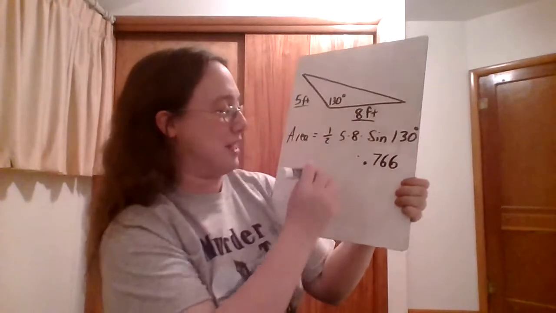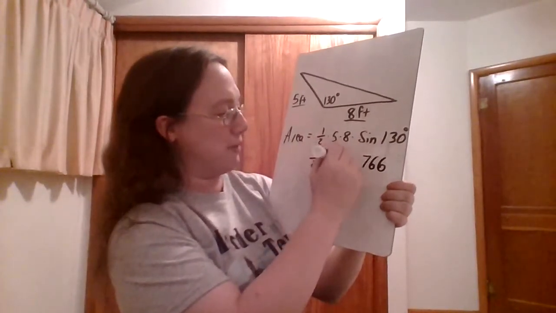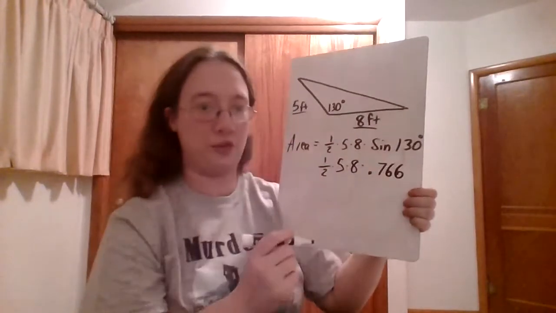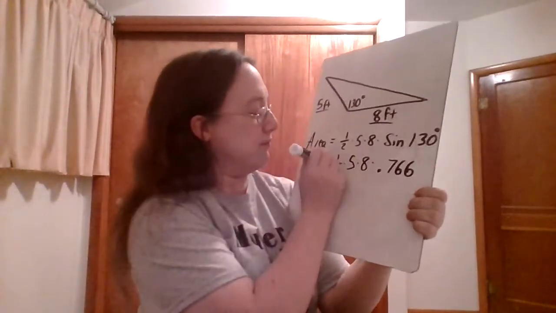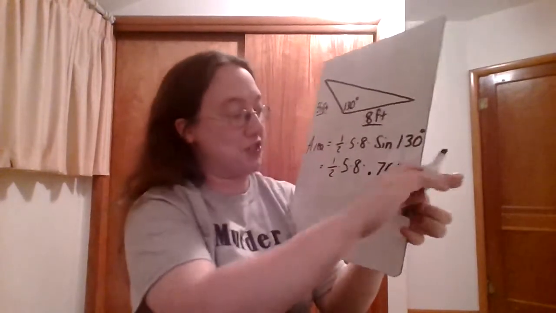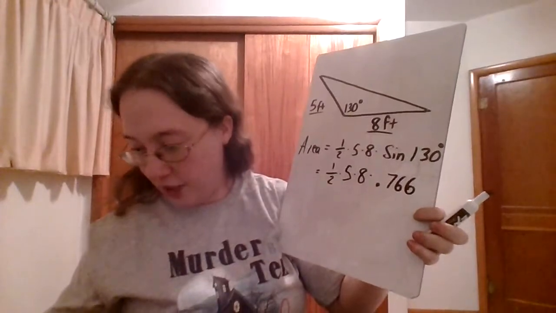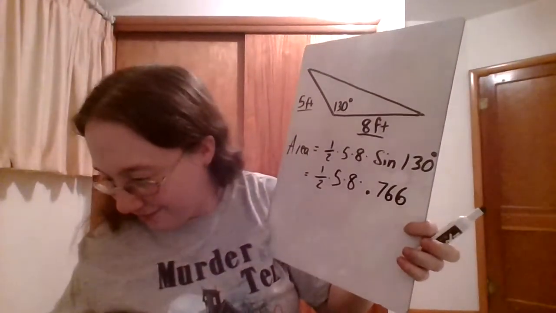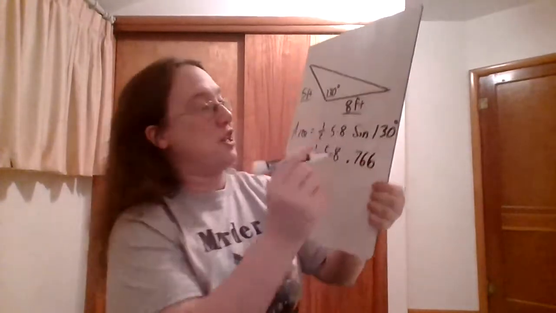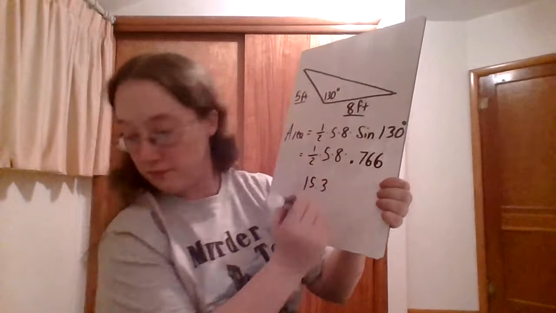If it's not, go ahead and email me and I'll try to help you get your calculator in degrees, but I'm assuming after the last chapter's worth of stuff, you know how to do that by now. Okay. Well, now we're just multiplying. So we're taking that 0.766 times our 5 times our 8 times our 1/2, or 0.5 if you don't like fractions, which gives you about 15.3-ish.